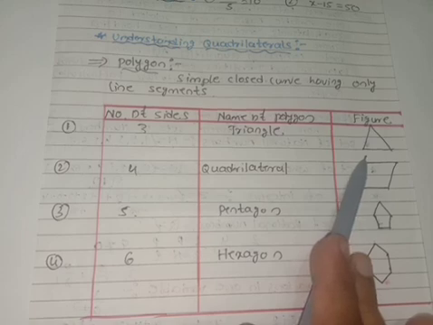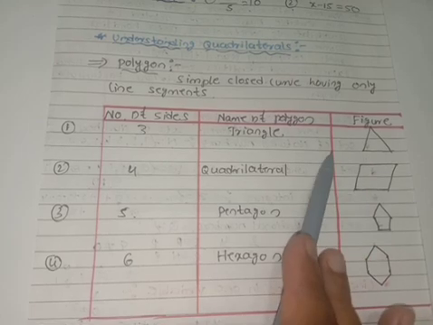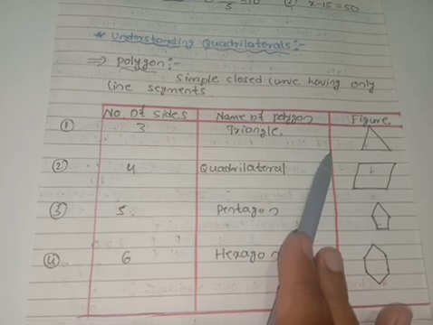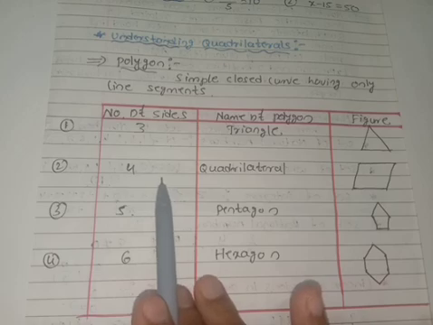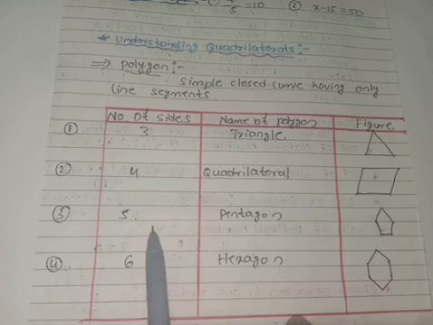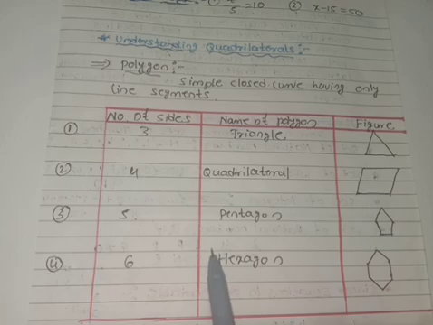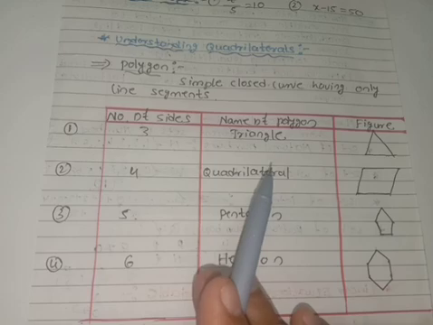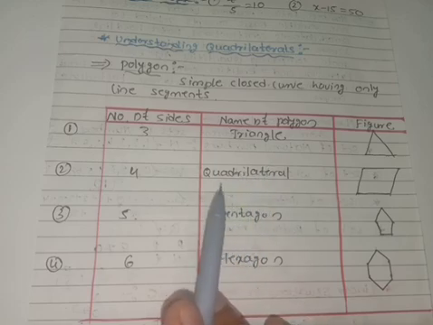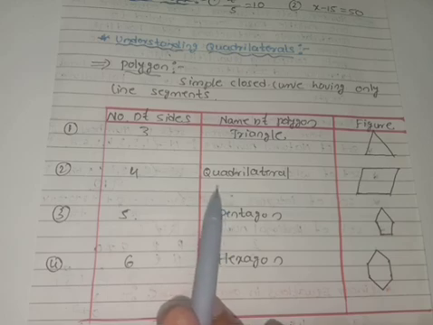Quadrilateral is a polygon. If the polygon has 3 sides, what is it called? If the polygon has 4 sides, what is the type of polygon? And if the polygon has 5 sides, what is the name of the polygon? Polygons are named according to the number of sides, means vertices.